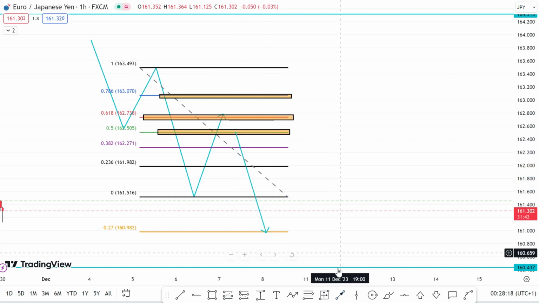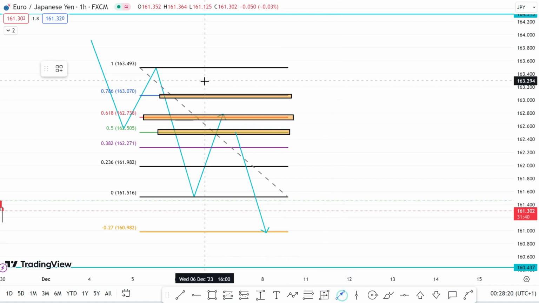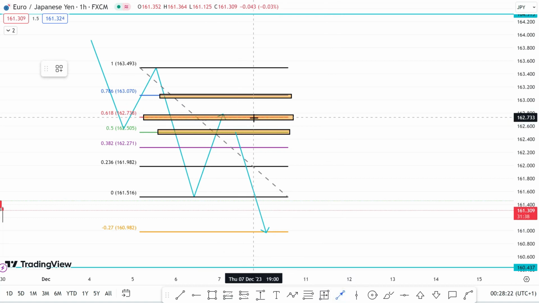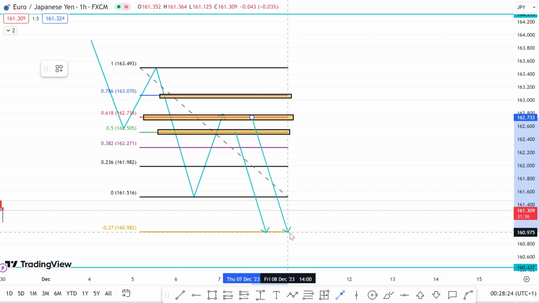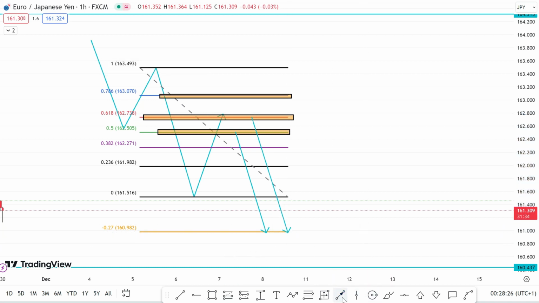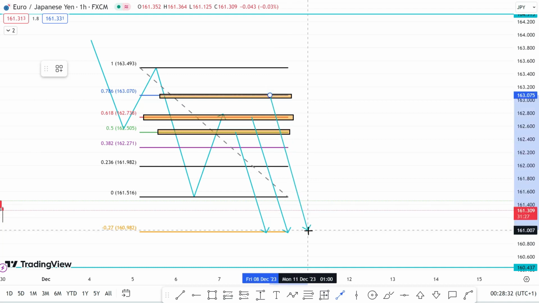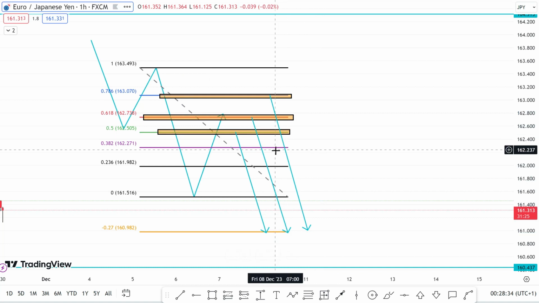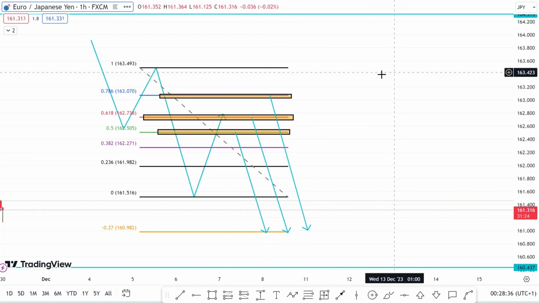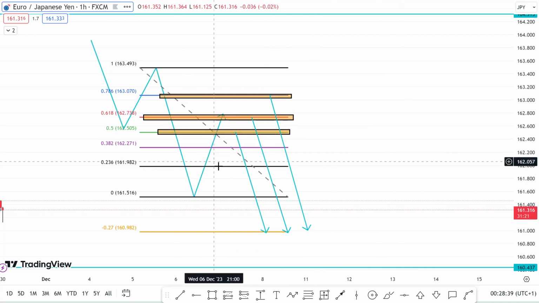The 0.5, the 0.618, and lastly the 0.786. Alright, so this is what I'm expecting the market to give.